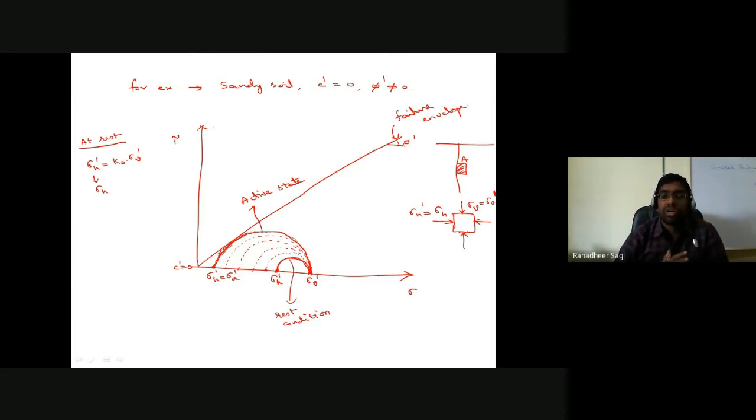Rather, it is going to cause yielding or failure in the soil. So the corresponding state of stress at which failure happens in the soil when the retaining wall is moving away from the soil is what is called your active stress or active earth pressure, which is indicated in the horizontal direction. Hope you have understood what I have said.